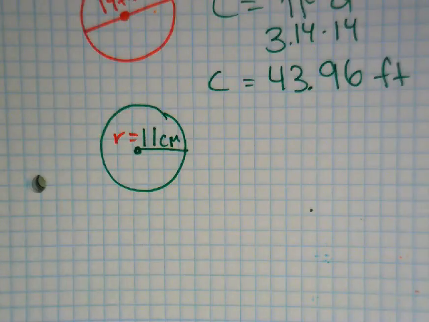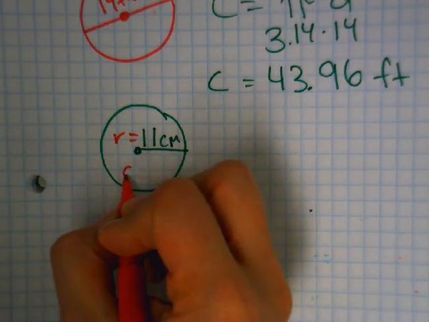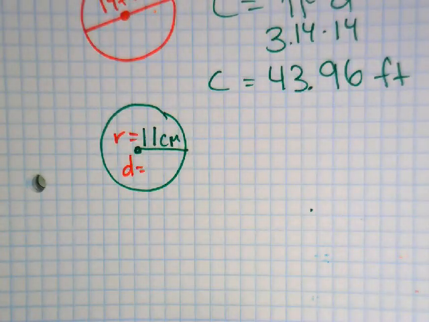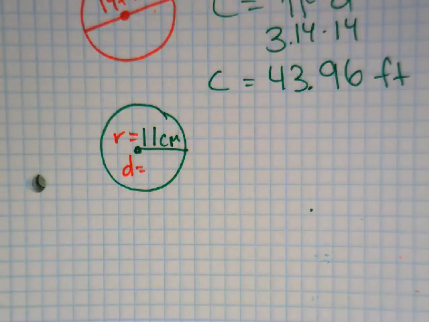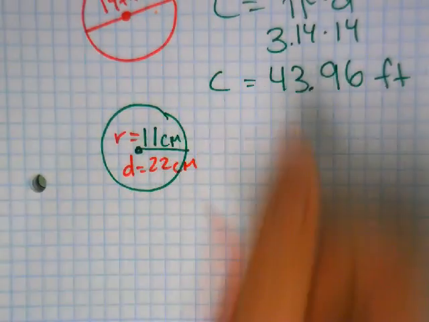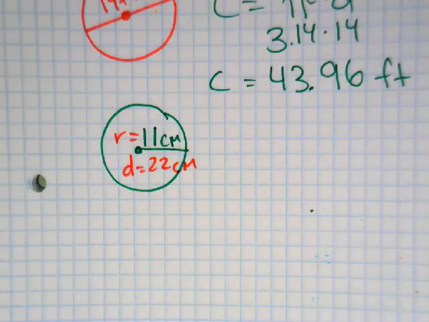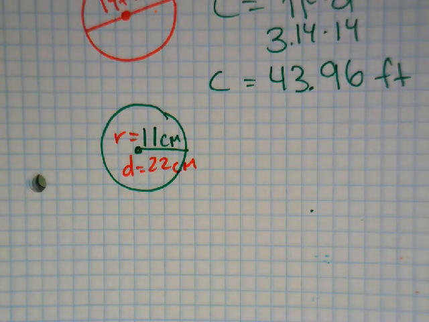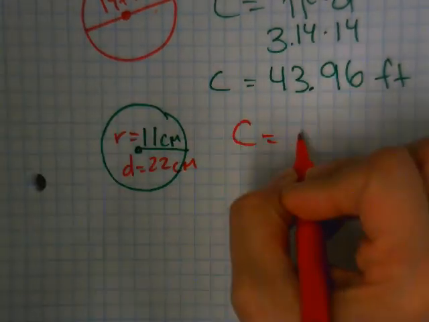But it's like, wait a minute, I'm not supposed to use the radius, I'm supposed to use the diameter. So if the radius is 11, what would the diameter be? So I need to use 22, not the 11. That's how it's hard. Sometimes kids do it really fast and use 11. No, don't be doing 11.